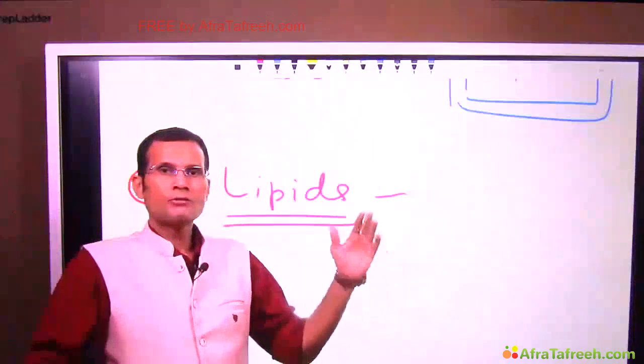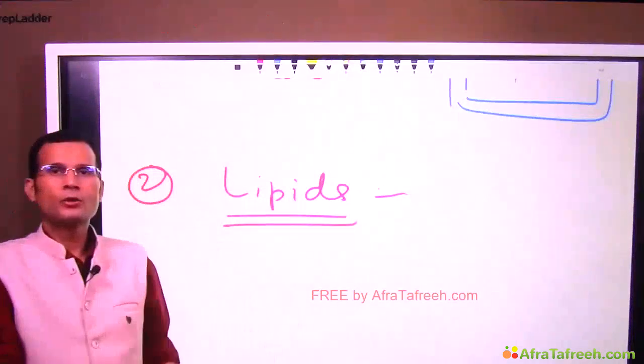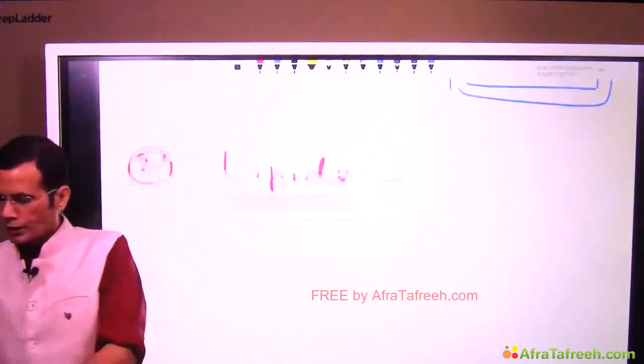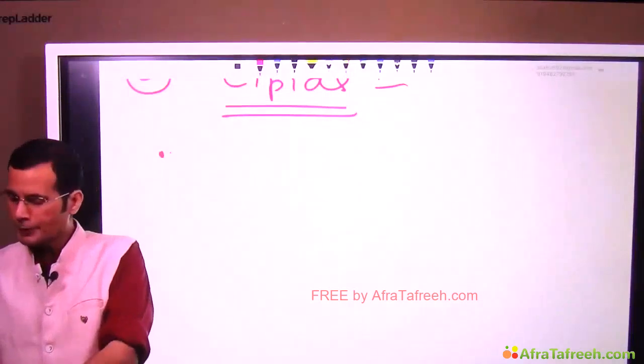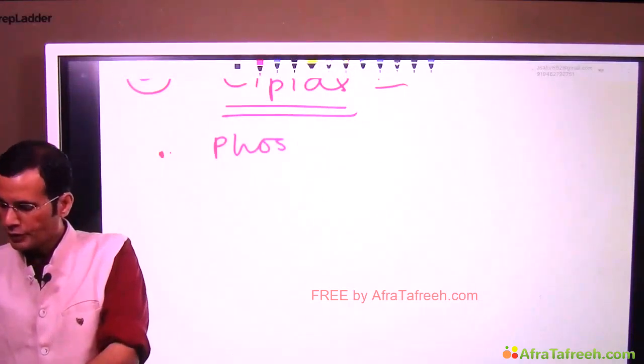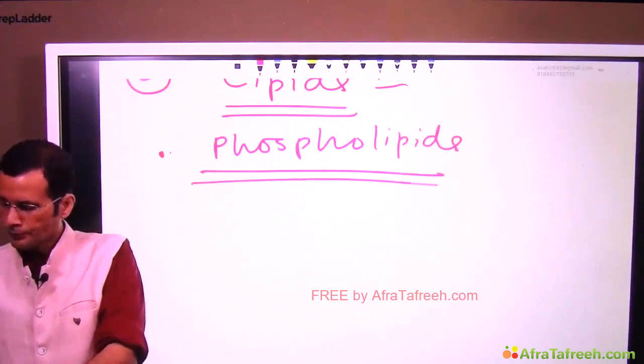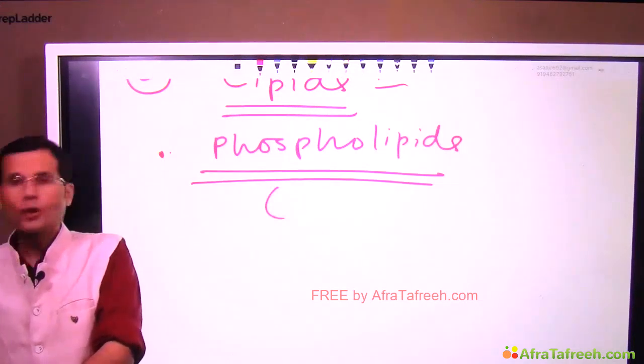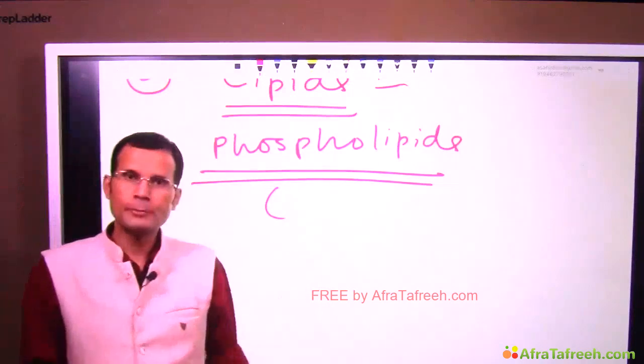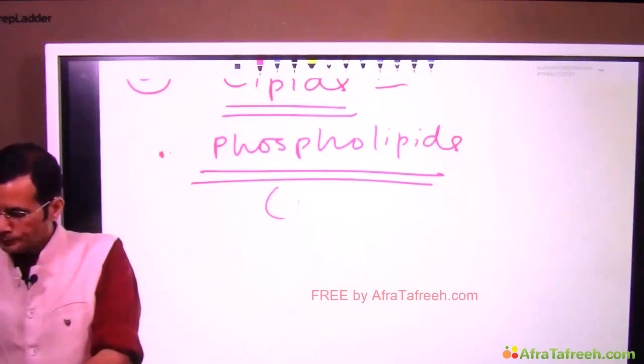First one, the answer was phospholipids. Second one, the answer is cholesterol. Let's see why. First of all, the most important lipid constituent is phospholipids. So maximum concentration is that of phospholipids if we are counting lipids.